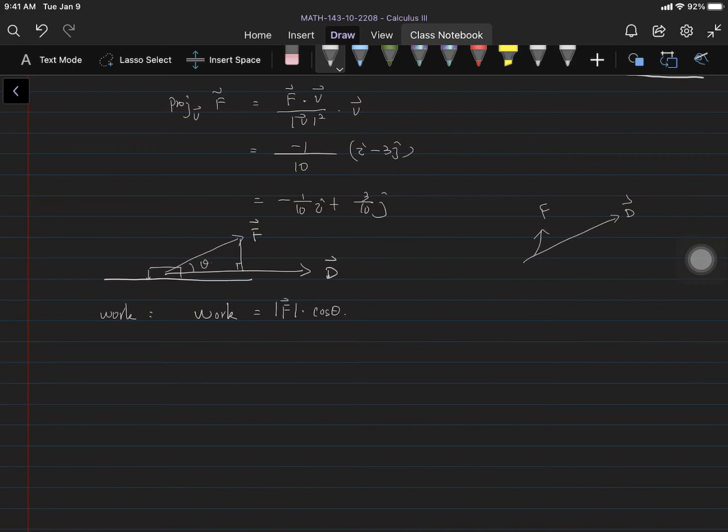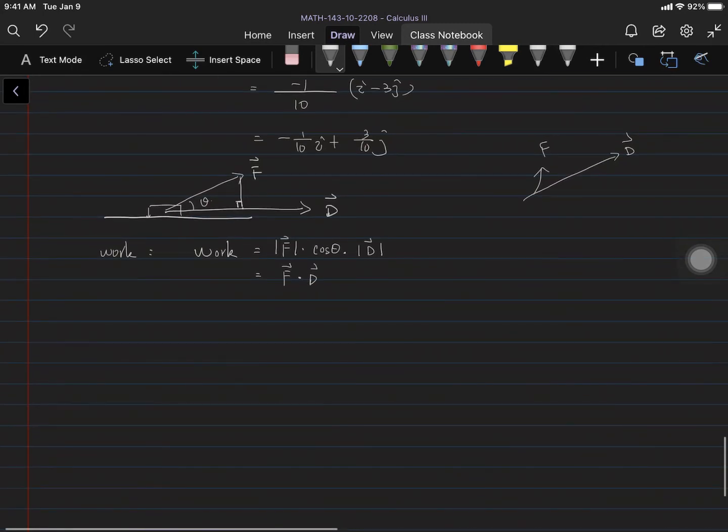And we have this amount of force, and then we multiply by the length of displacement D. And in another way, we can just write this as the dot product, F dot D. Okay, so in the future, we can just use our formula to find the work. So let's see, W equals F dot D. This is a more general formula, okay, because D here can be any direction. It's not just horizontal direction. Now let's take a look at definition 6.